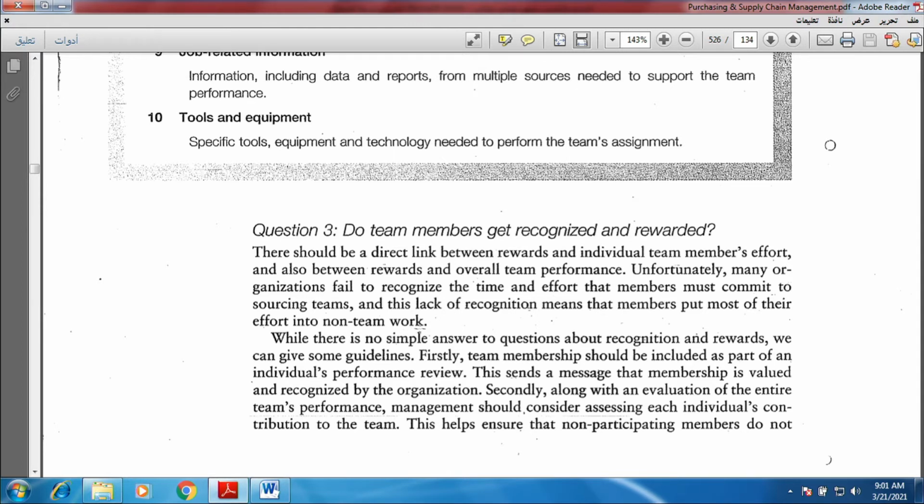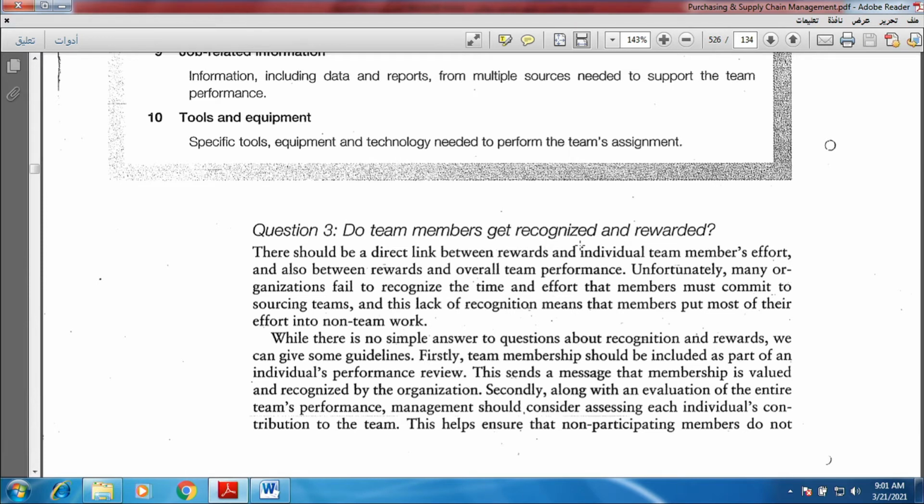It also gives an example to other members inside organizations, non-team members, giving them the idea of why not be in the team next time, because we want to be rewarded and recognized by everybody.